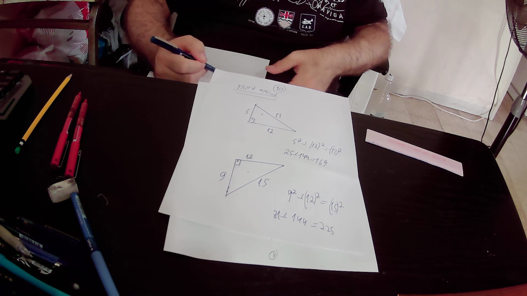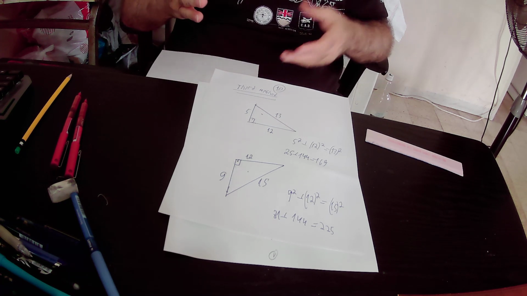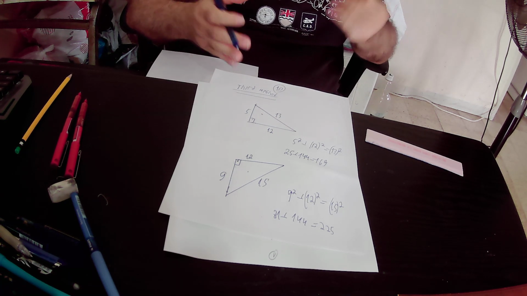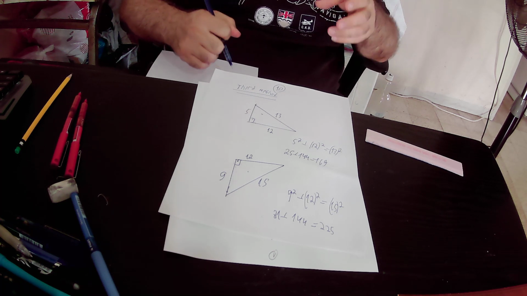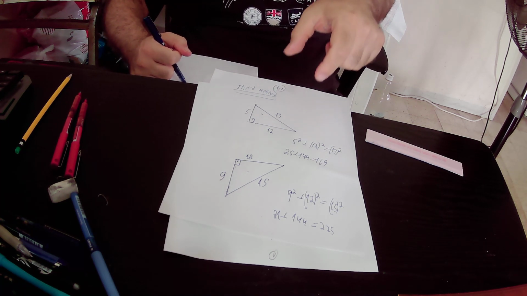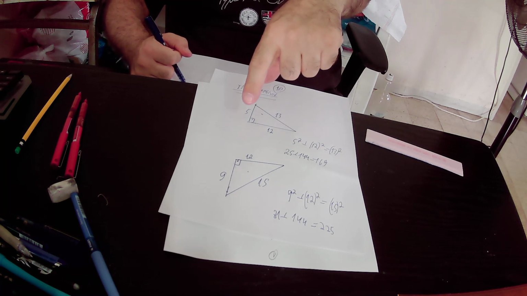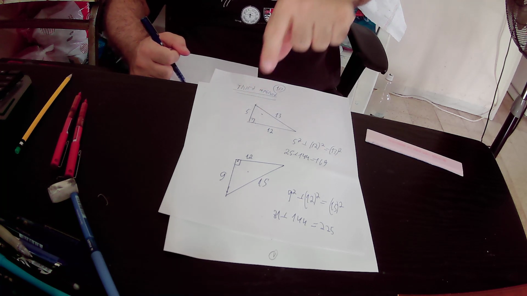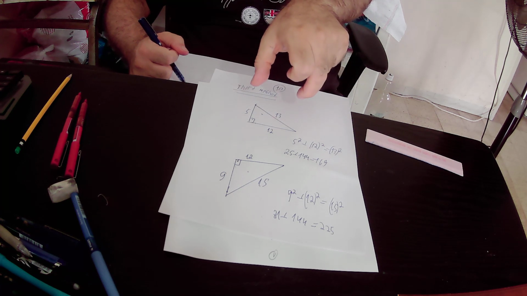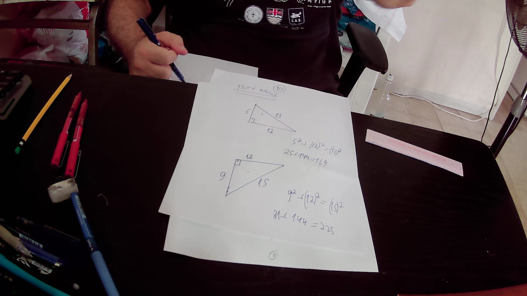Okay, actually all the idea here is to prove that the height of triangle ABC is 12 units. When the base of the triangle is 14 units, then the height of triangle ABC equals 12 units.